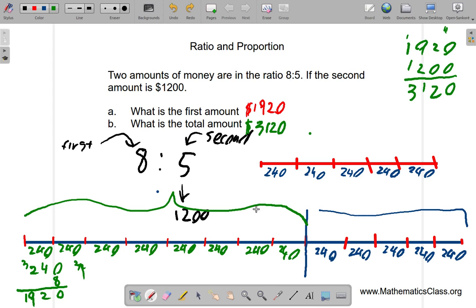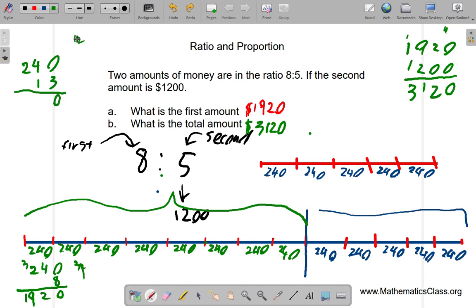Now, if you have 13 equal parts and each measures $240, you just multiply 240 by 13. Alright? Let's see if we can find some space to do that. 240 multiplied by 13.